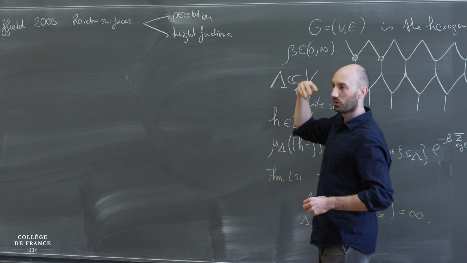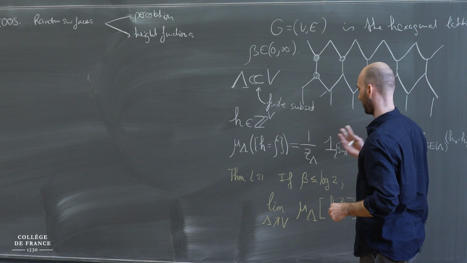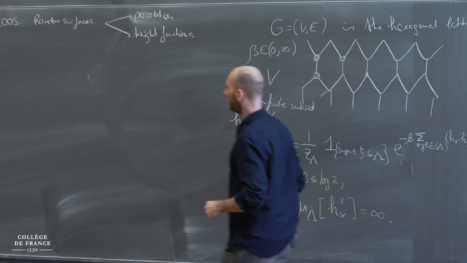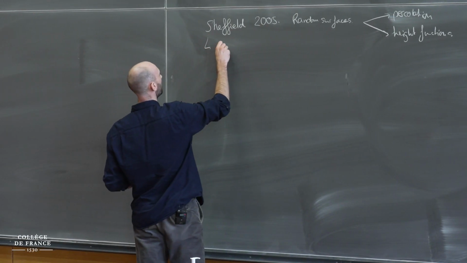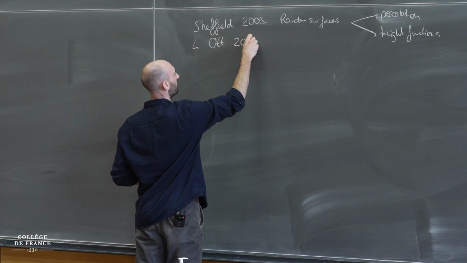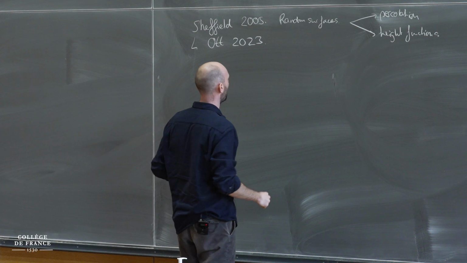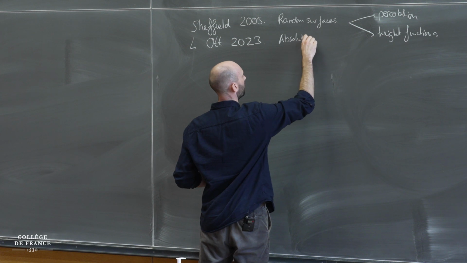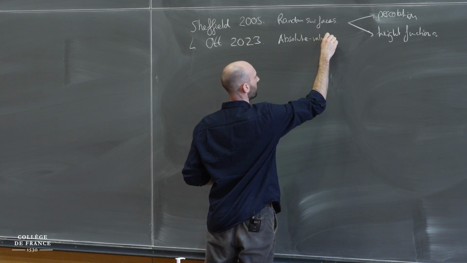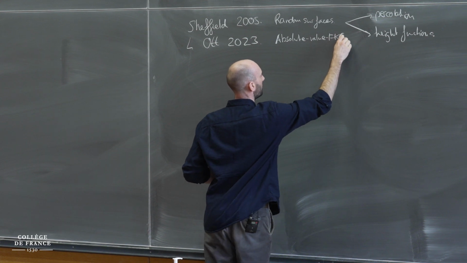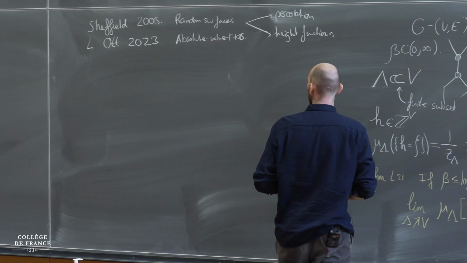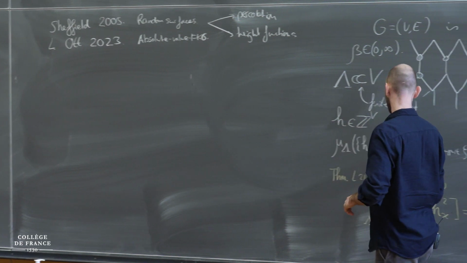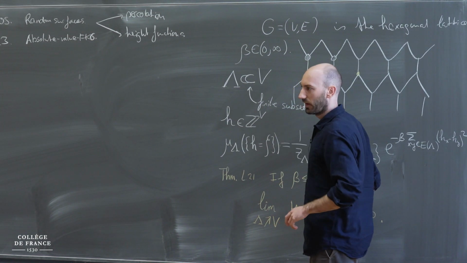But he realized that there also exists an FKG inequality for another object, which we're going to see today, which is due to an FKG inequality which we called absolute value FKG. This result wasn't really necessary to get this result, but it hugely simplifies the analysis.